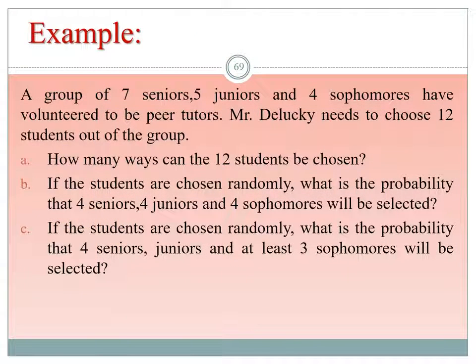All right, this is one of the examples for probability calculation. A group of 11 seniors, 5 juniors, and 4 sophomores have volunteered to be peer tutors. Mr. Lucky needs to choose 12 students out of the group. How many ways can the 12 students be chosen?